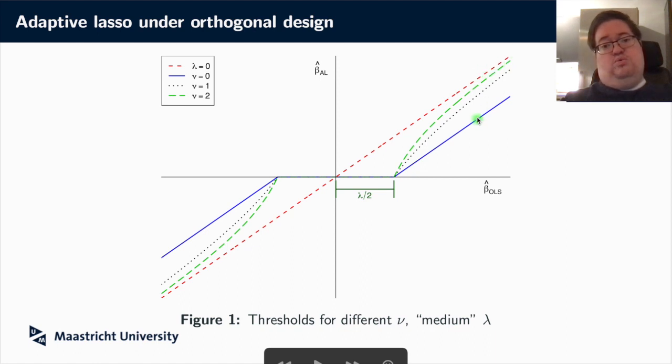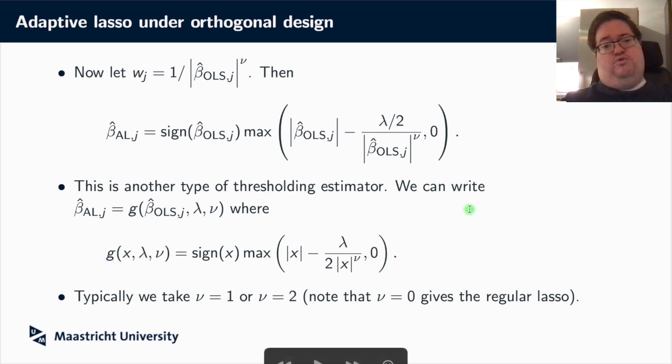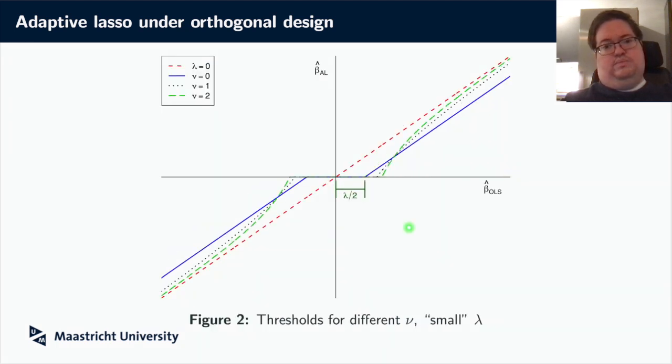So the lasso always has this shrinkage. It always moves down lambda over 2 from the red line. But for the adaptive lasso, it depends on how big the OLS estimator is. And this makes sense if we go back to the formula: the larger your OLS estimator is, the smaller this part, the shrinkage, will be.